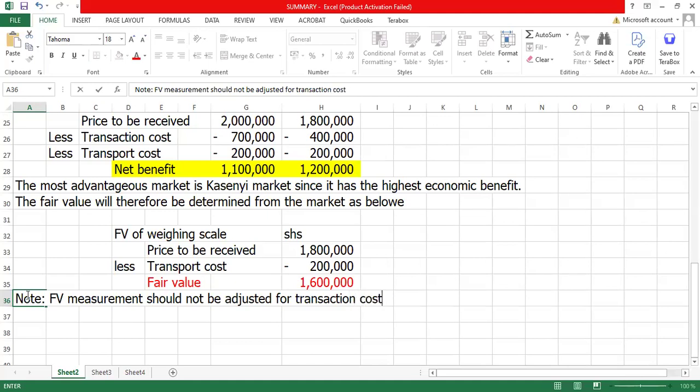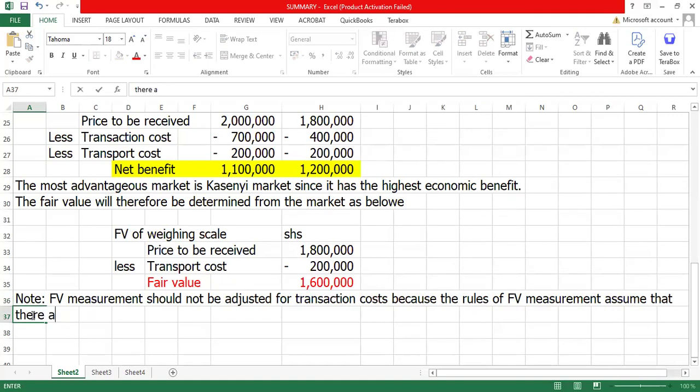That's something you must know, because the rules of the fair value measurement assume that there are insignificant or minimal transaction costs.